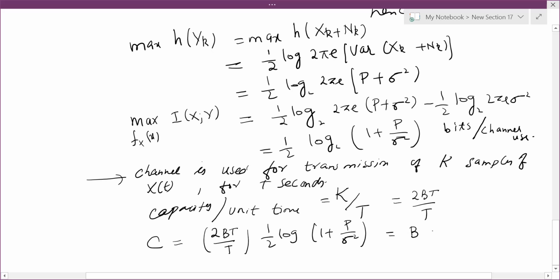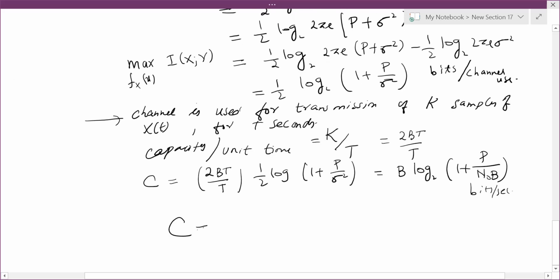which is b log to the base 2 of 1 plus p over sigma square, where sigma square is n naught b. This we have also already shown. And now the units will be bits per second. So capacity is b log to the base 2 of 1 plus p by n naught b.